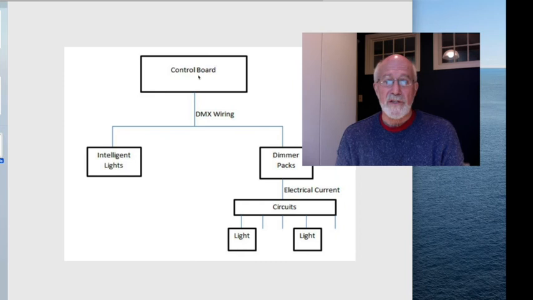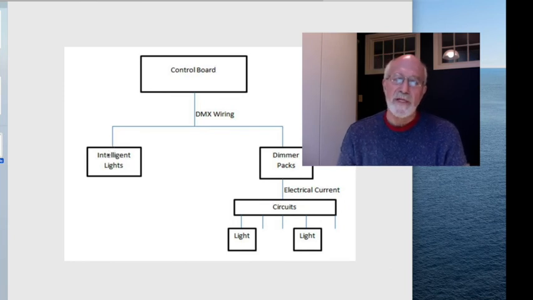Some of it is permanent, so that permanently there's a network wired to the dimmer room that controls from numerous locations where you can patch in a control board. Sometimes it's permanent, sometimes it's temporary, and we're going out to various components that run the intelligent lights.